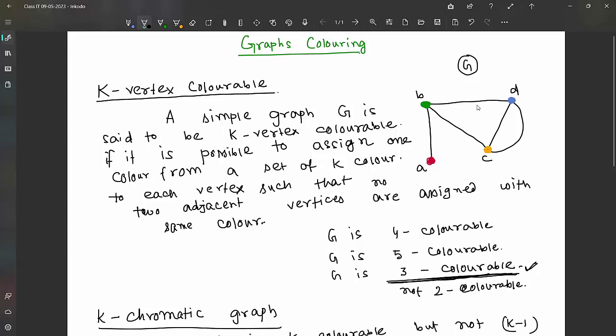If we take this vertex A and this vertex D in a set, suppose the set A has vertices A and D. Now you can see these A and D vertices are not adjacent to each other, so we say that this set is an independent set of vertices. But if you take A and B here, this is not an independent set of vertices because they are adjacent to each other. If you take A and C, then this is an independent set of vertices because there is no edge between A and C. Okay. So this is the concept of the independent set of vertices.